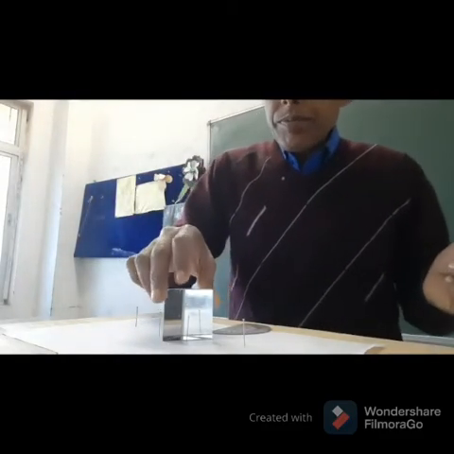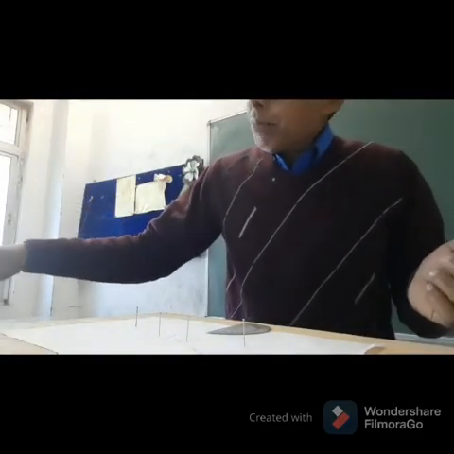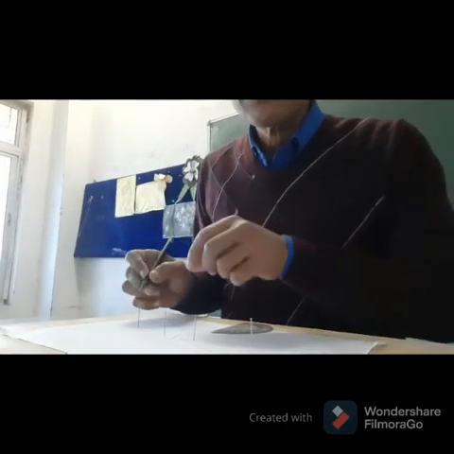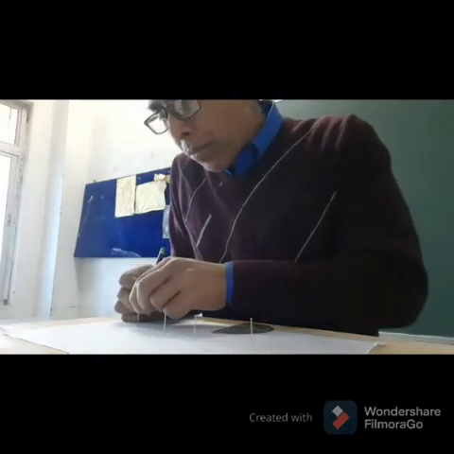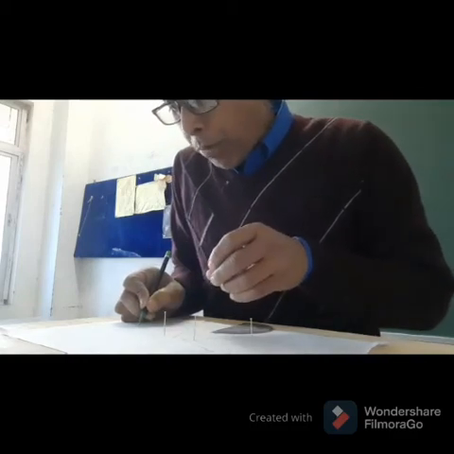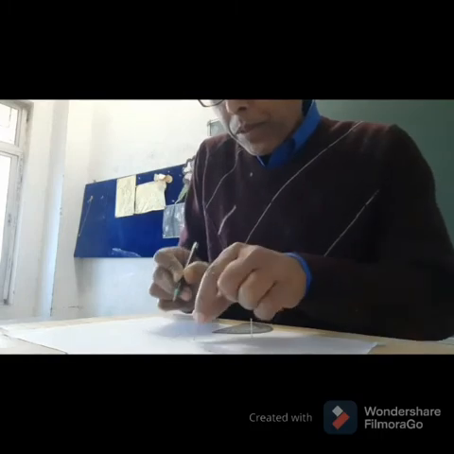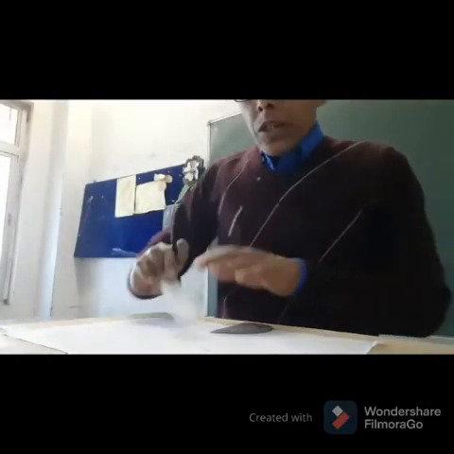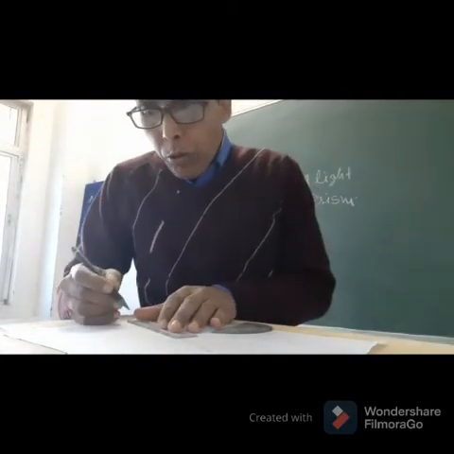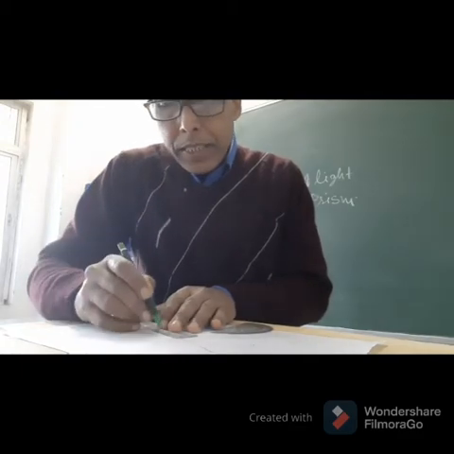Now we remove this prism and encircle these pins with the help of a pencil. Now we join these two points on the second refracting surface.